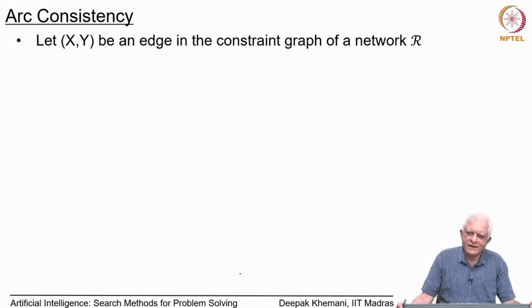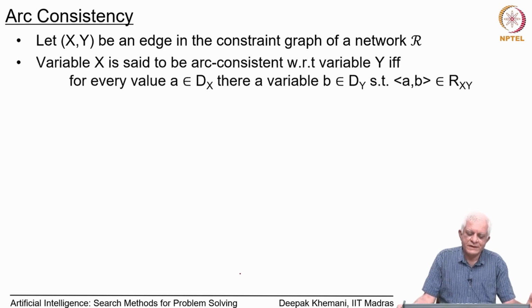Remember that we have a constraint graph which we are trying to solve. So, let x y be an edge in the constraint graph of a network R essentially. We say that a variable x is said to be arc consistent with respect to a variable y. So, x y is an edge, remember.